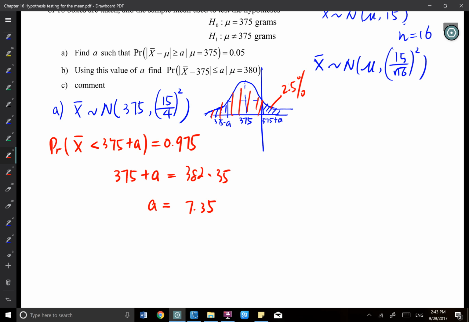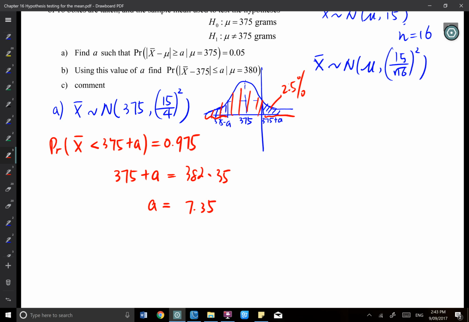So for example, if I observe 390, I will reject it because that side is less than 5%. 390 is even further, so I will reject it. But there will be a 5% type 1 error where I shouldn't reject it. When I observe a value here and here, I shouldn't reject it. That's still on the correct distribution, but I have rejected because I think it's not that easy to get. So I have a 5% type 1 error.